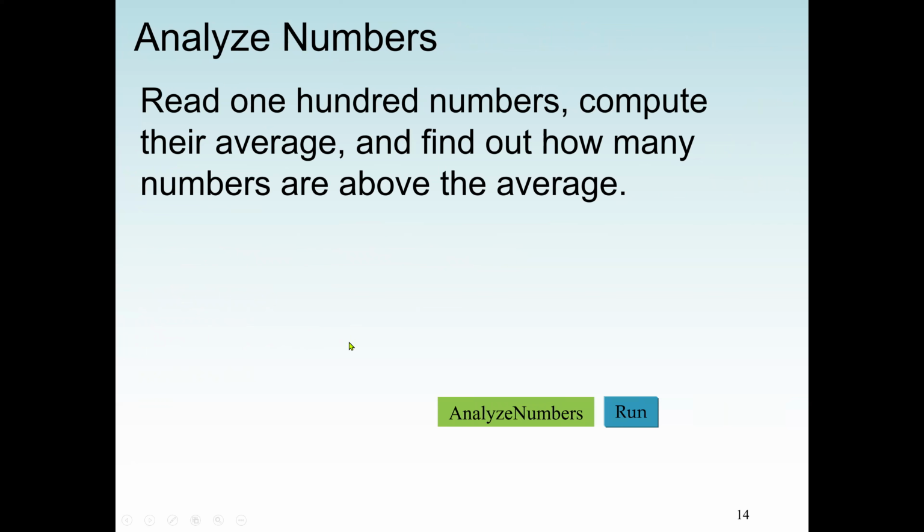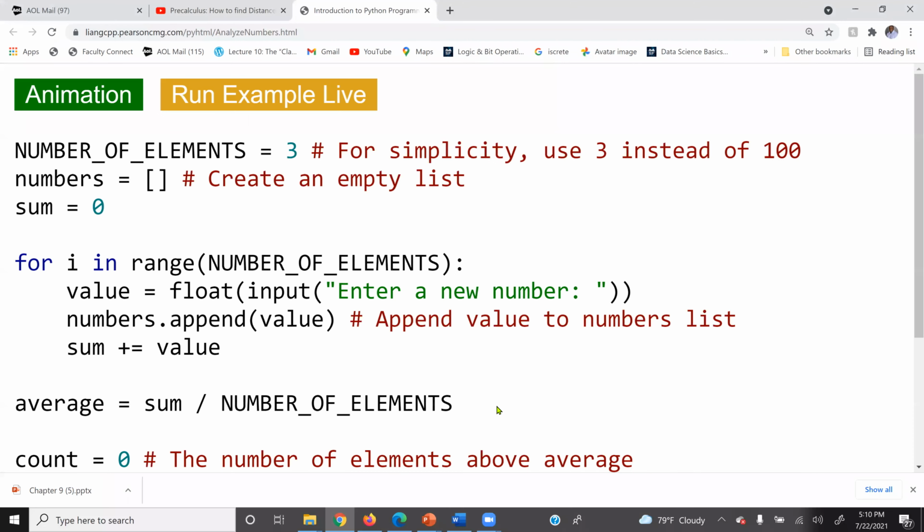Now we have seen a lot of theory. So let's see an example of code using lists here. So here we are going to have number of elements, which is 3. For simplicity, we are using 3 values in a list instead of 100. But again, the concept is the same.